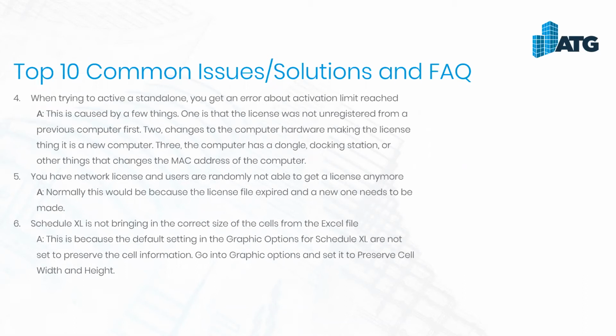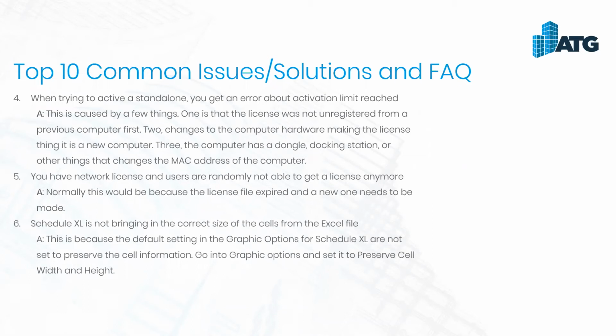Now, another one that we've been seeing that affects the hardware or the information is if you're using a dongle or docking station to connect to the network. So in some computers, it doesn't have a network port, so they have to use a little dongle to then plug the network cable into. And then all of a sudden they change that dongle or purchase another one.